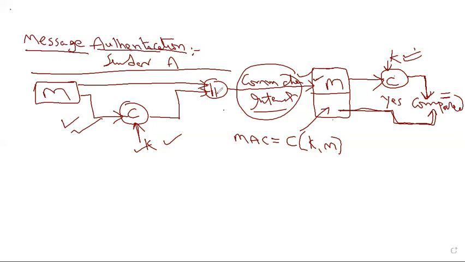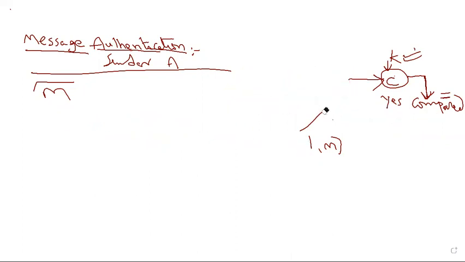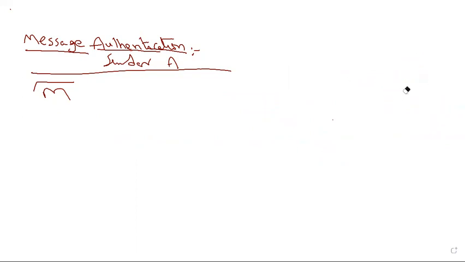The receiver also does the same thing for verification, right? I'll show you that configuration, and the third one also. In the second configuration, I'll show you what the sender does and how the receiver performs in parallel at the receiving end.